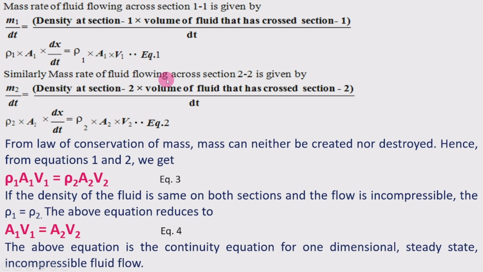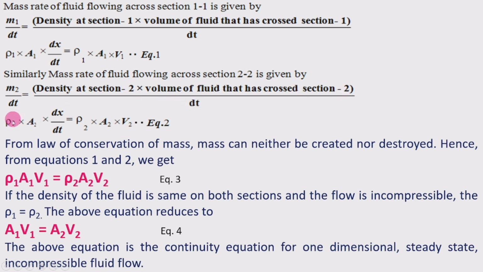Similarly, the mass rate of fluid flowing across section 2 is given by m2 by dt. Therefore, it is the density at section 2 multiplied by the volume of the fluid that has crossed section 2, by time dt.